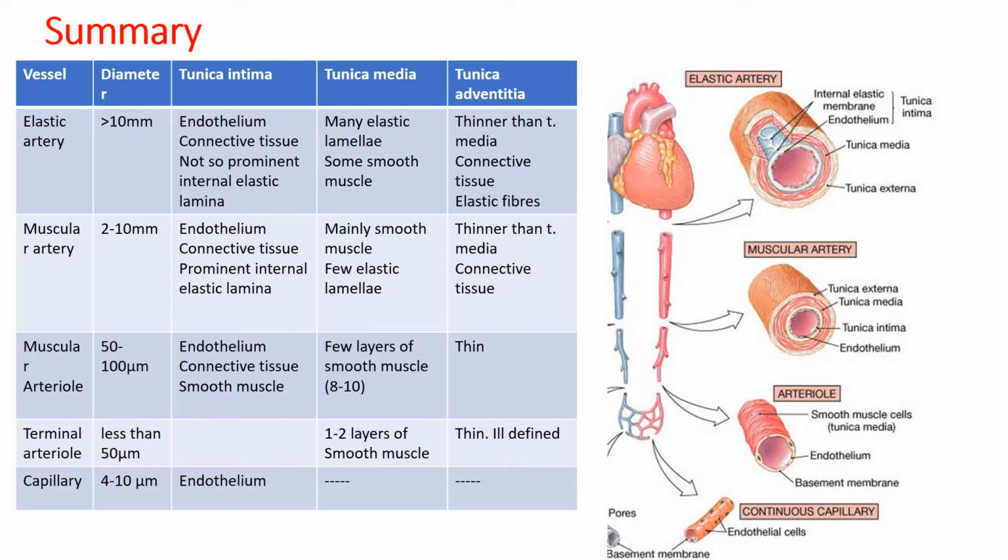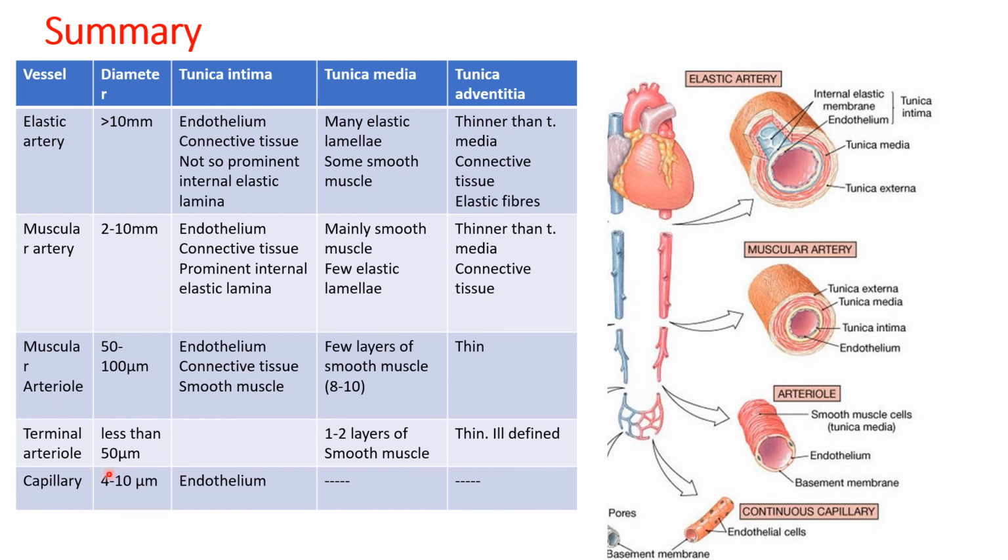So now let us summarize what we have learnt in this chapter. So we know that there are elastic arteries, muscular arteries, arterioles which are further muscular or terminal arterioles, and then the capillaries.